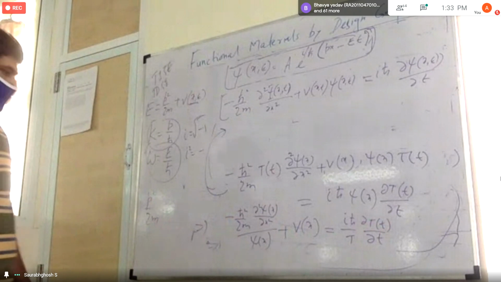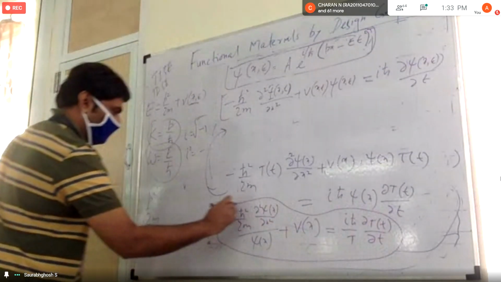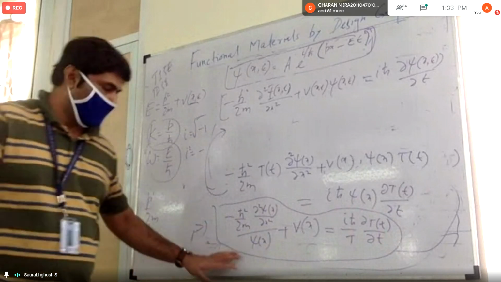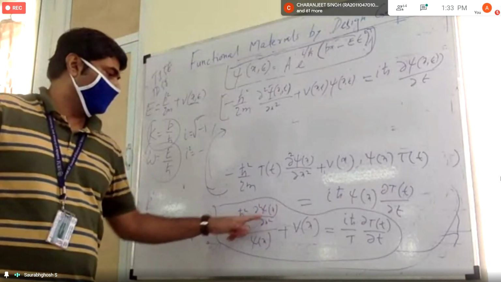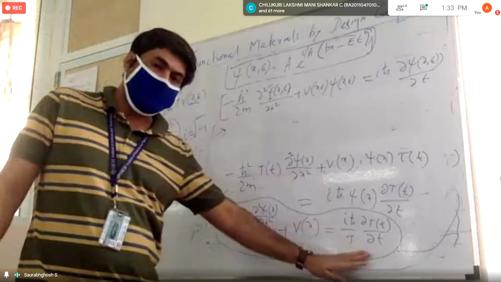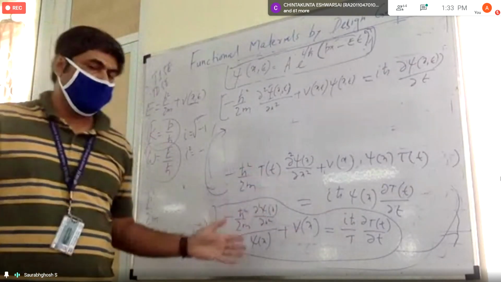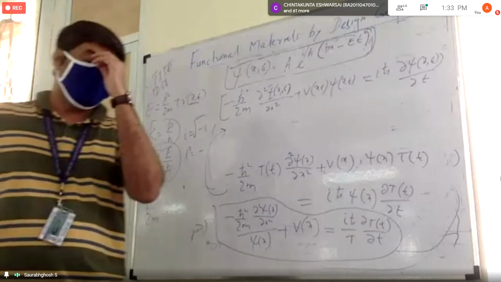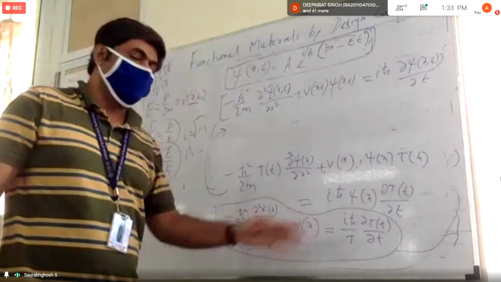Okay. So now if you can see this equation, the left hand side only depends on x, and this side of the equation only depends on the time. So these two sides have to be equal to a third one, and that's why they are equal.